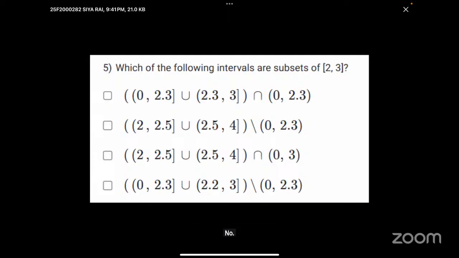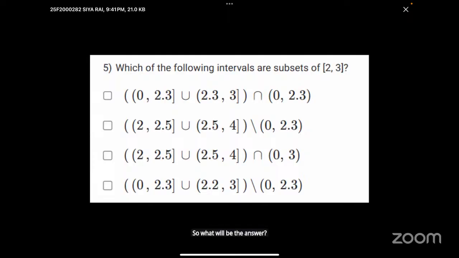No, this is not the divide sign, first of all. This is set subtraction, so you have to exclude the interval from the first interval. And intersection means you have to take the common portion. So what will be the answer?